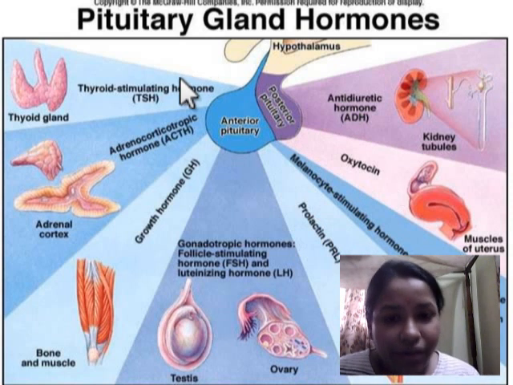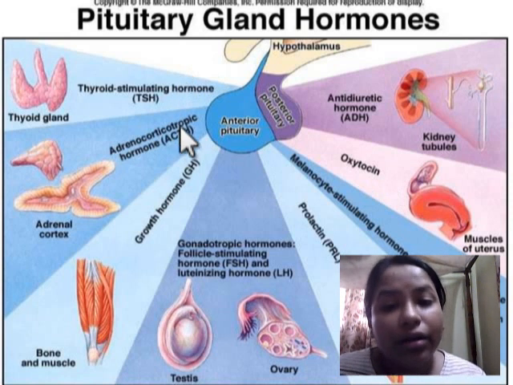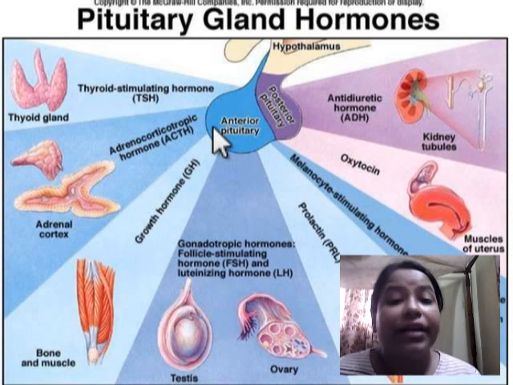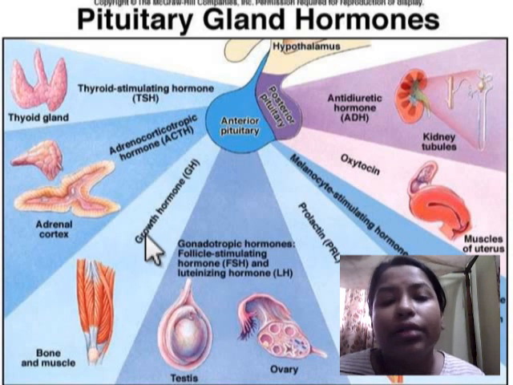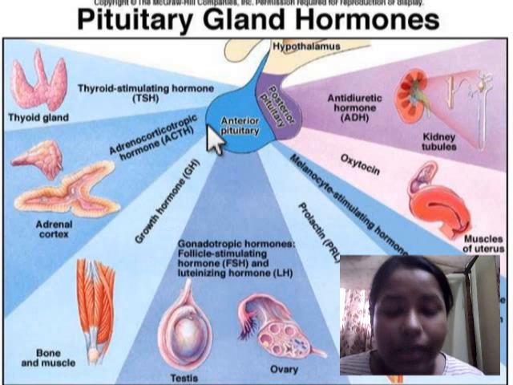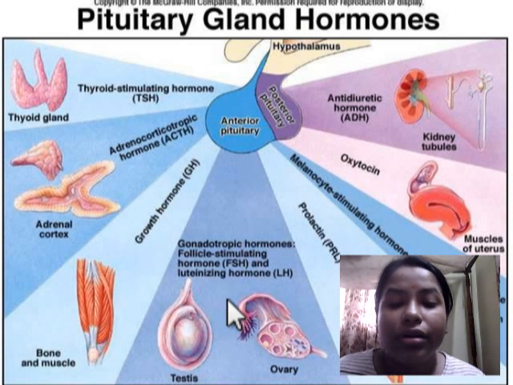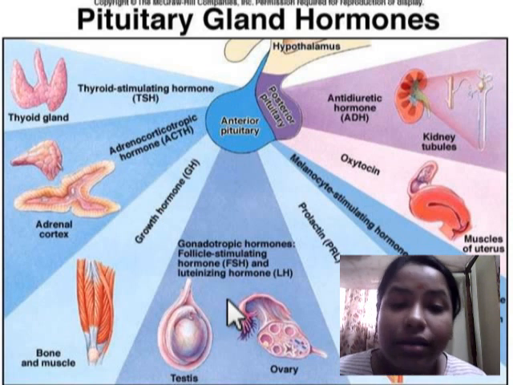The thyroid stimulating hormone targets the thyroid gland. The adrenocorticotropic hormone targets the adrenal cortex. The growth hormone targets our bones and muscles. Gonadotropic hormones target testes in males and ovary in females.